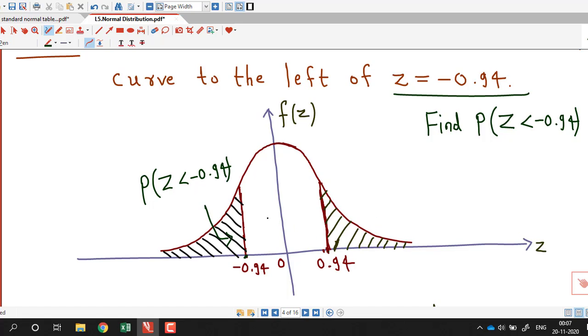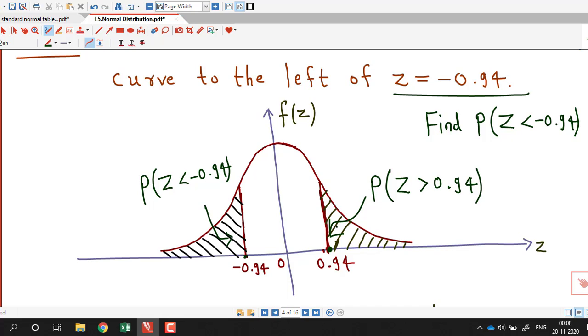Now if you observe, from the symmetry of this normal curve we can see that this area is nothing but this area. Both areas are the same. The area to the left of minus 0.94 is the same as the area to the right of 0.94, that is the probability that Z is bigger than 0.94.